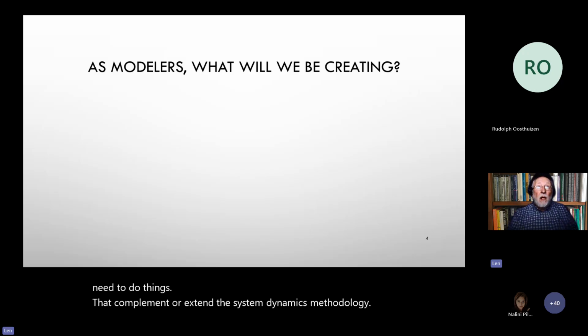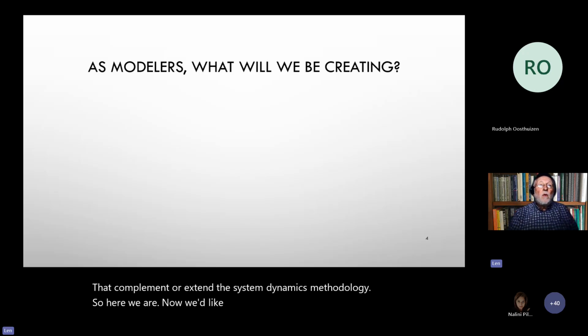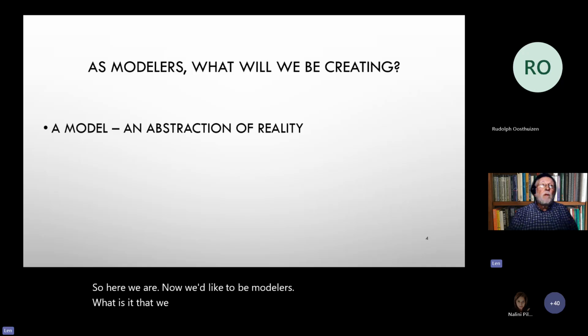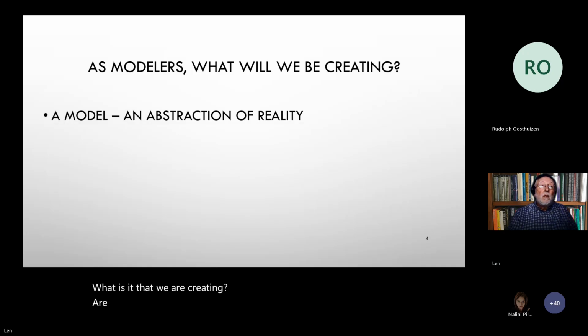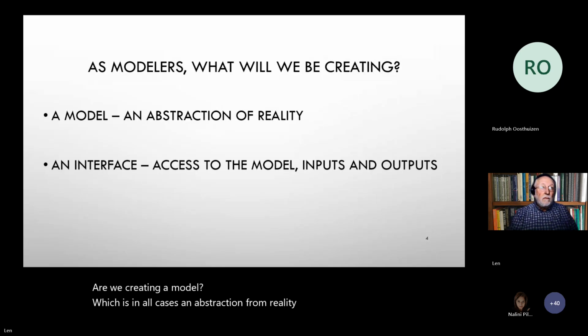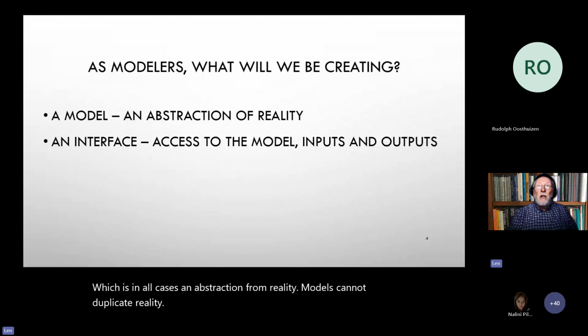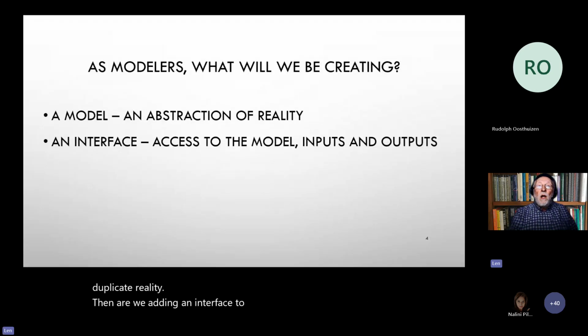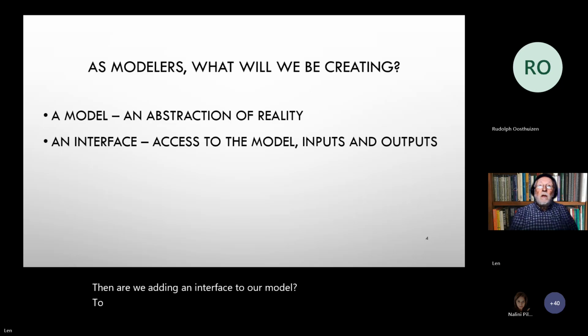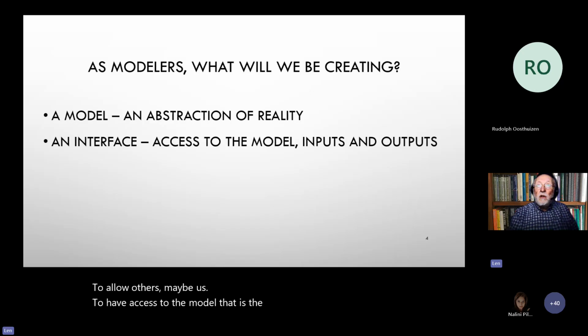So here we are. Now we'd like to be modelers. What is it that we are creating? Are we creating a model, which is in all cases an abstraction from reality? Models cannot duplicate reality. Then are we adding an interface to our model to allow others, maybe us, to have access to the model, that is the stocks, the flows, the auxiliaries, the connectors, the constants, and manipulate the model inputs and see, of course, the model outputs.